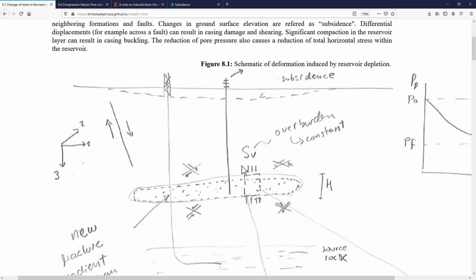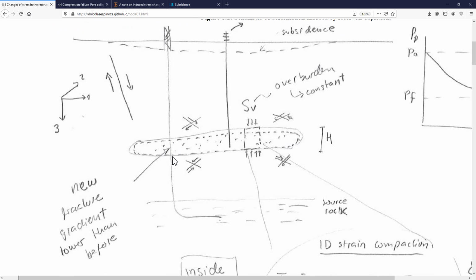For example, if I were to deplete this sandstone reservoir and I get to a pressure in the reservoir which was much lower than before, and then I try to drill another wellbore that goes through that sandstone reservoir looking for the source rock, when I pass through this depleted formation, the state of stresses is not going to be the same as what it was before depleting the reservoir. Actually, the total horizontal stress is going to decrease.